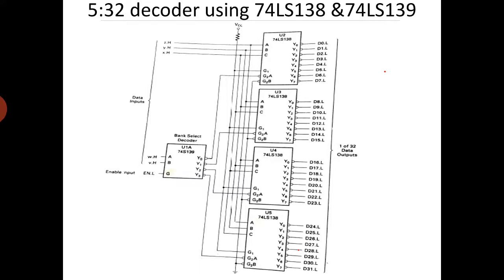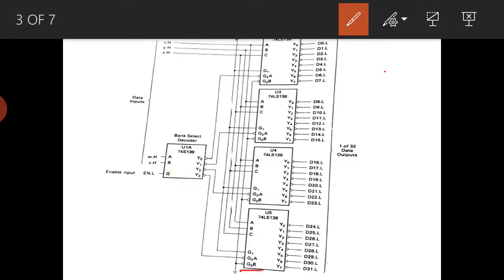It is not user controlled. Similarly, G2B is connected to ground in all the ICs, which is also permanently connected. So now G1 is connected to VCC and G2B is connected to ground, so only G2A is left.